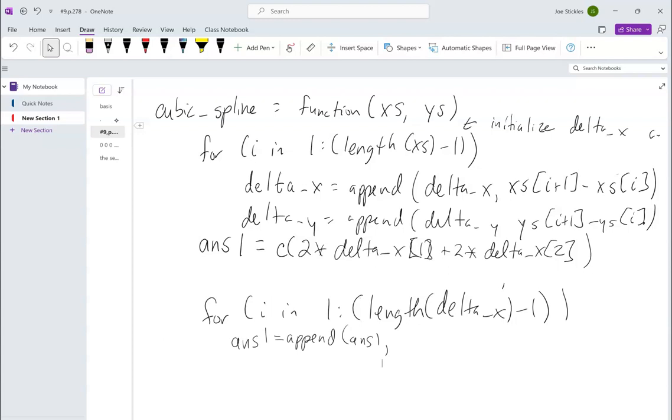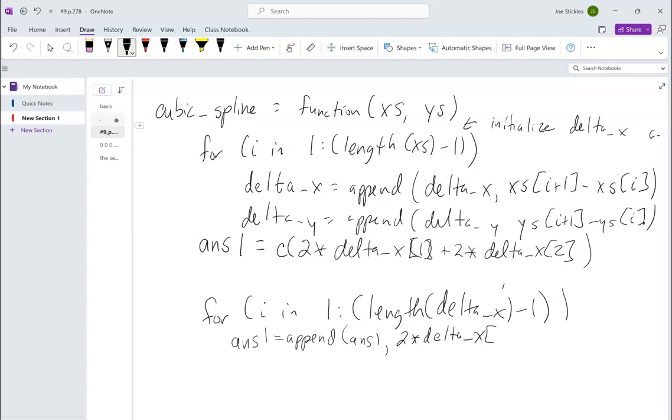Right? So if I use an index from 1 to 1 minus the length of the delta, what should my indices be here for my delta values? Oops. I don't know why in the world I can't write delta.